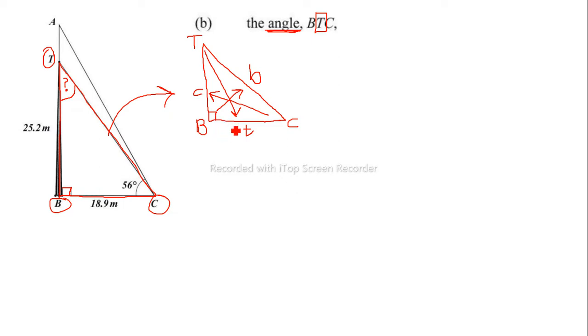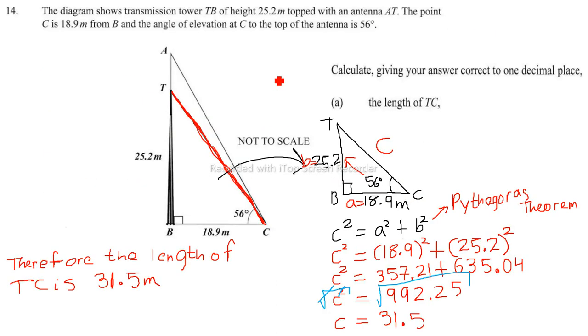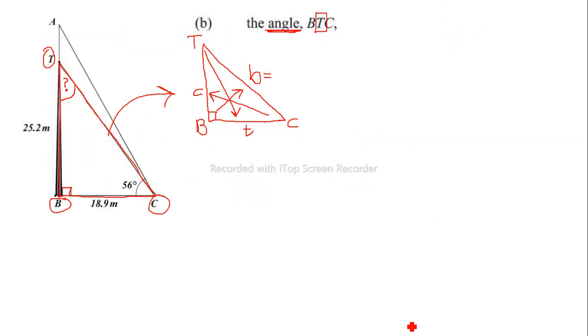And we know the length of TC, don't we? We figured that out yesterday. That was 31.5. That's extremely long. 31.5.